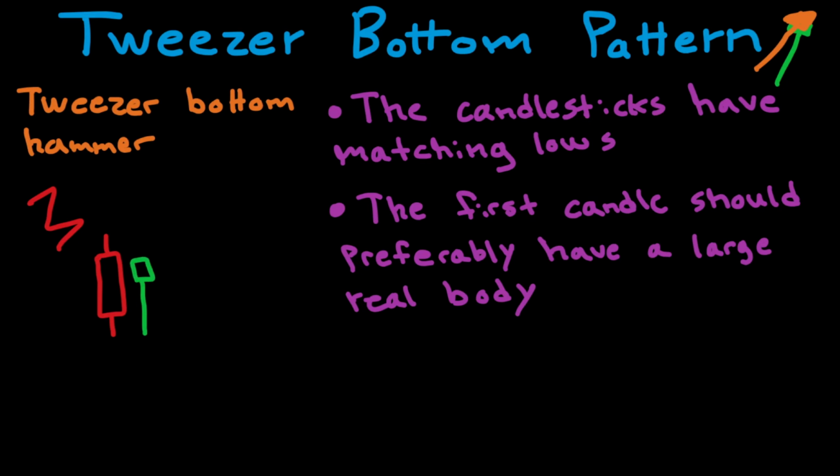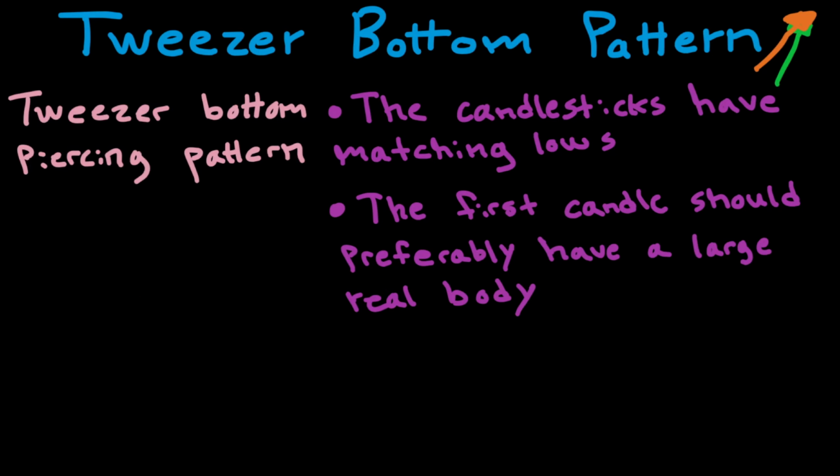The important thing that makes this a tweezer bottom is that the lows of the candles here and here are at the same level. We preferably want a strong large real body on candle 1, and in this case we have that. The red real body is much larger than the green real body. So this is an example of a tweezer bottom.